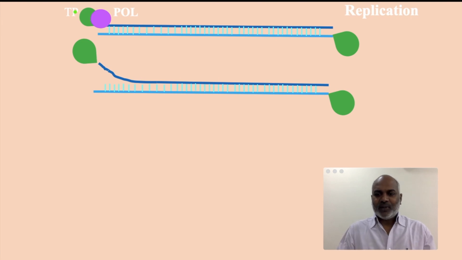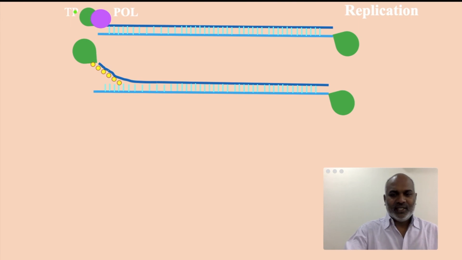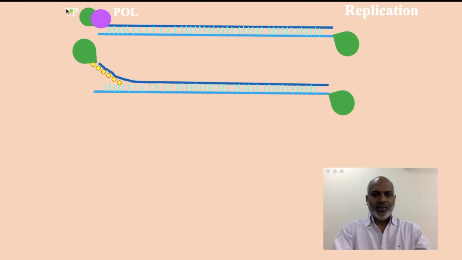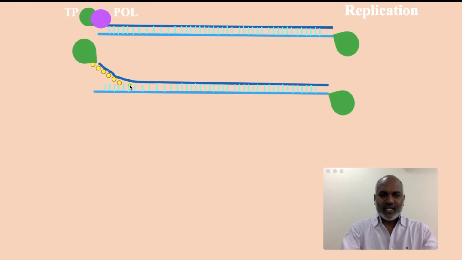This replication process is also called strand displacement replication. It is similar to the Okazaki fragments, but here we call it strand displacement type of replication. There is a synthesis of new nucleotides by using the other strand as a template strand.